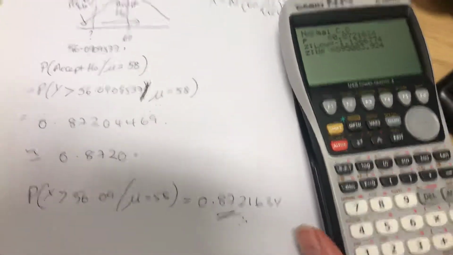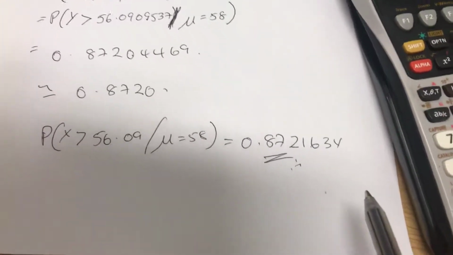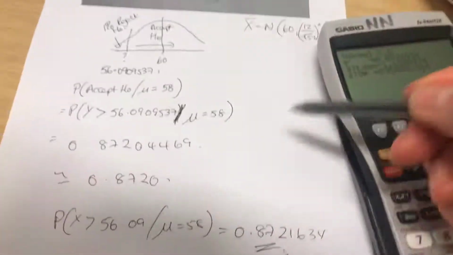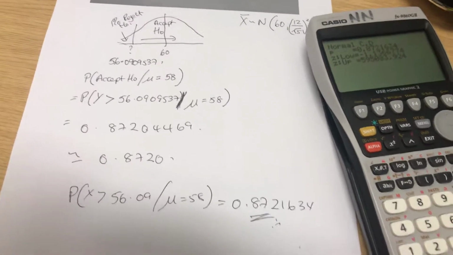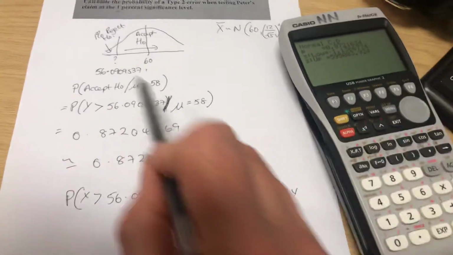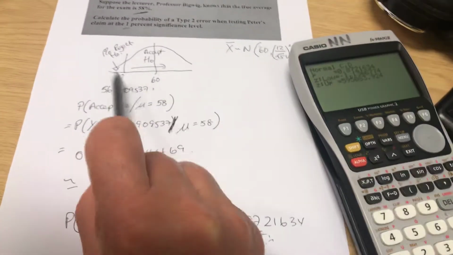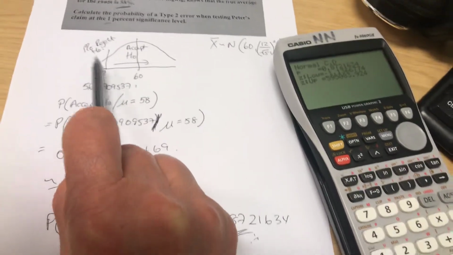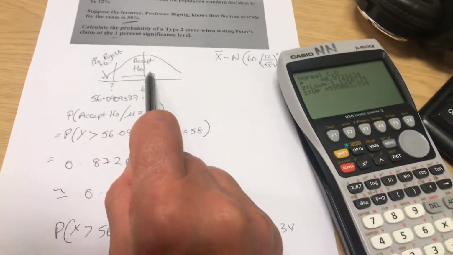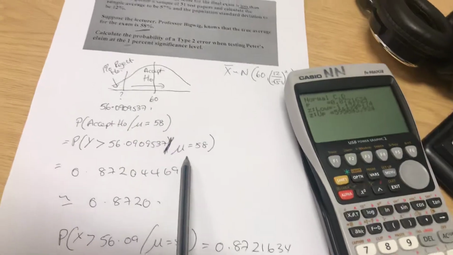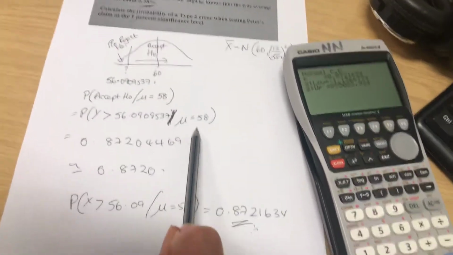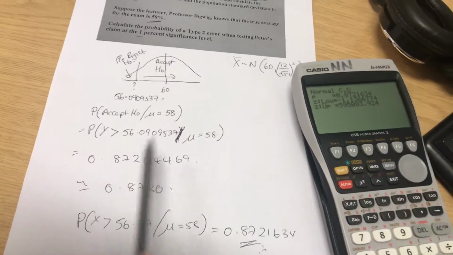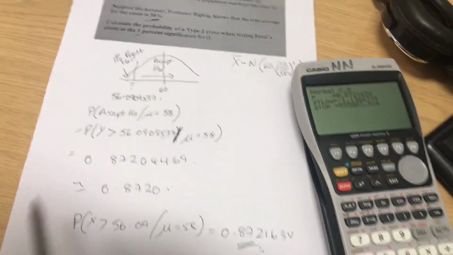Obviously, I think we've done it better by being more exact at this point, because we have the calculators, but this means that you don't have to do any Z-score at all. You just do inverse normal to find your critical value and draw a little sketch. Wherever you reject H0, you don't want that side, you want where you accept it, and you want where you accept it with the true new mean. That's the probability you're looking for, where you accept it with the mean you know is true, not the mean you know is wrong. So you accepted it when you shouldn't have, and that's what we're looking for.